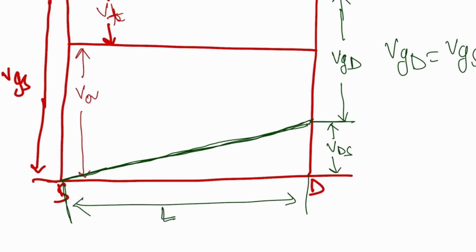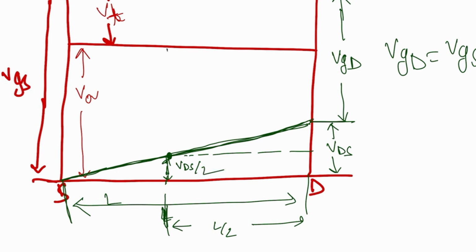So here this will be L by 2, half, and this will be L. At this point, what is the voltage? If I take this one, this will be VDS divided by 2.